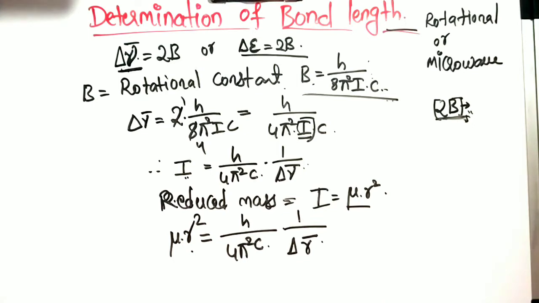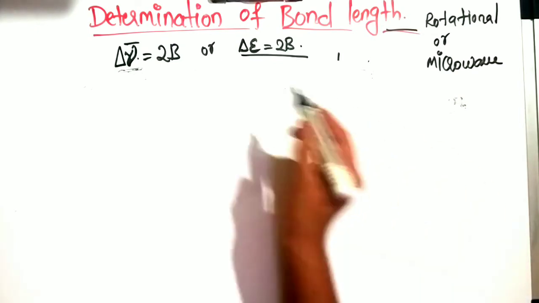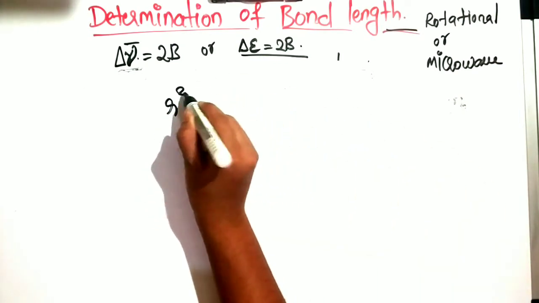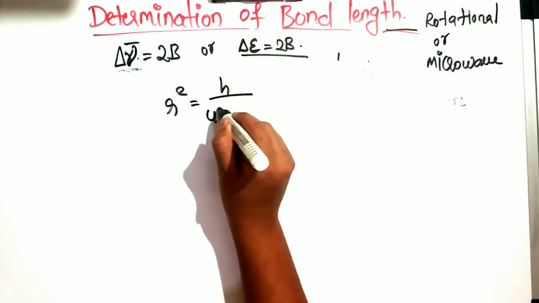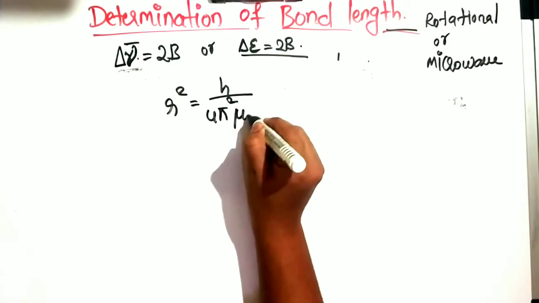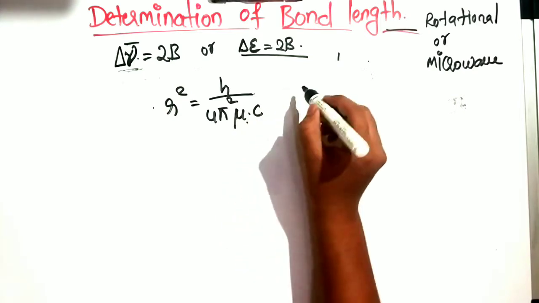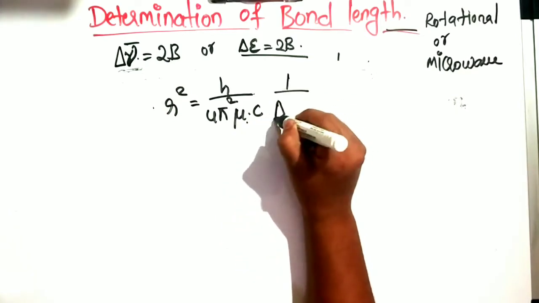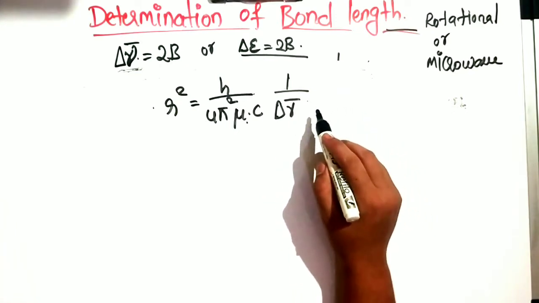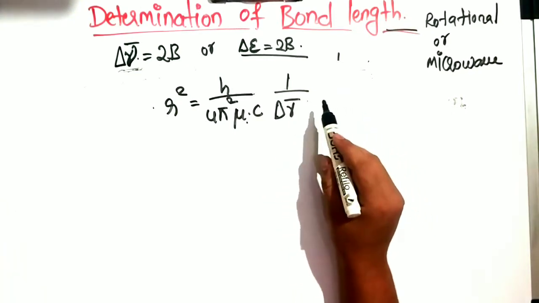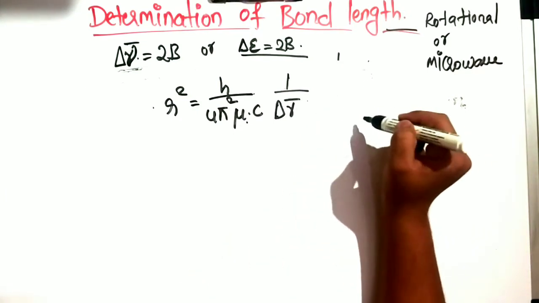So next, what will we get? We'll get r square equals h divided by 4 pi square mu into c, taking this mu to this side, into 1 divided by delta nu bar. Thus, if we know the reduced mass, or atomic masses of the molecule, we can find the intermolecular distances.